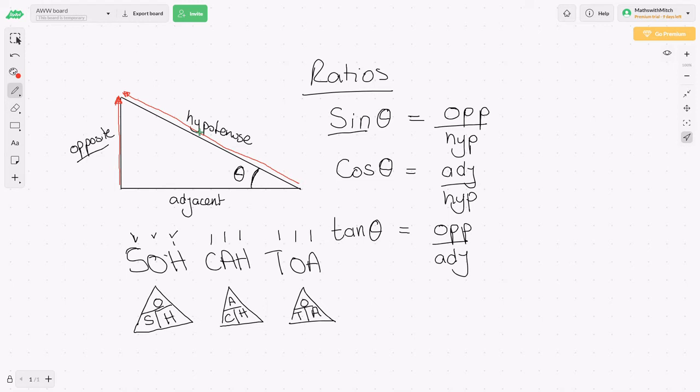For a right angle triangle, the hypotenuse is always the longest side. So that value is always going to be opposite is less than hypotenuse, so it's always going to be less than 1. So sine of the angle is the ratio of opposite over hypotenuse. So it's a ratio in the vertical direction compared to the length of the hypotenuse.